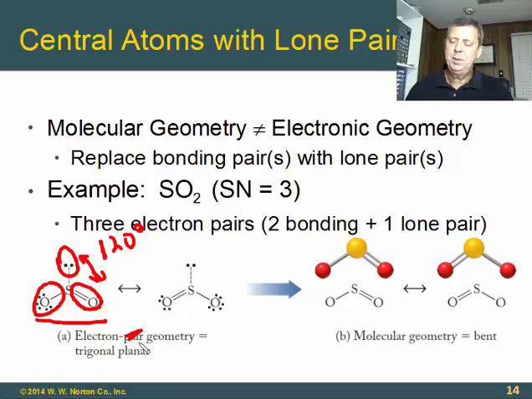I just don't really like that very much. But the molecular geometry, we look at just what shape does the molecule itself form? What shape do the atoms themselves form? So the atoms, again, I'll show it on this resonance structure instead, just form this geometry. This is the other geometry I mentioned you need to know. It's just called bent or angular.